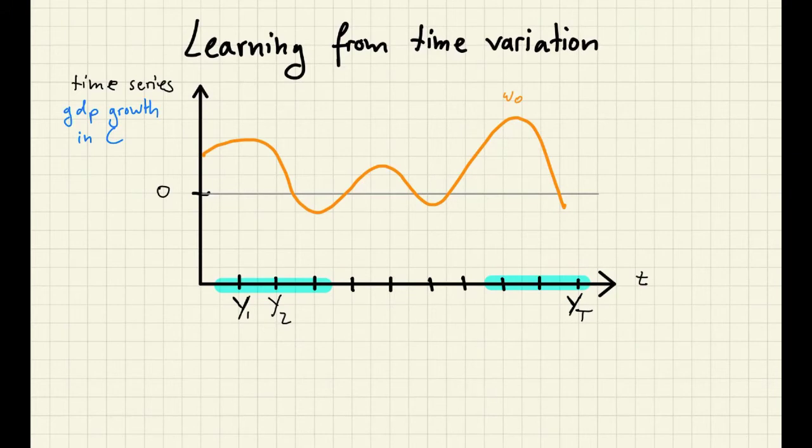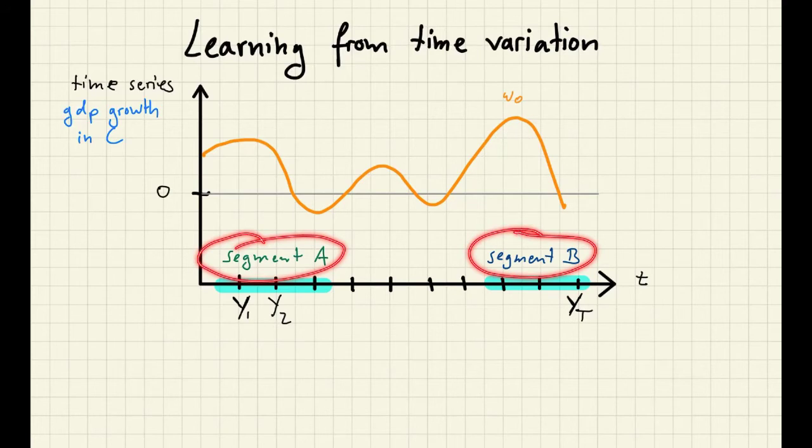Let's call them segment A and segment B. We now want to find conditions such that these two segments behave kind of like a cross-sectional sample of size 2, even though they are cut out from the same time series.